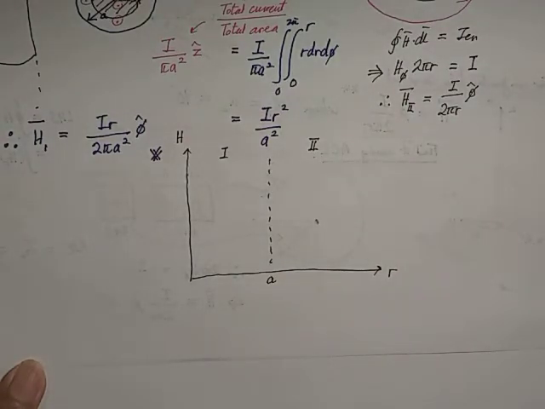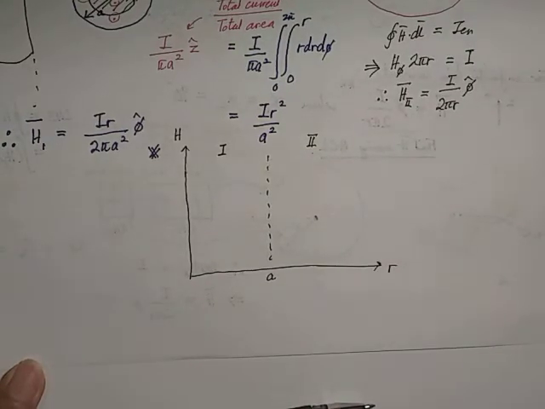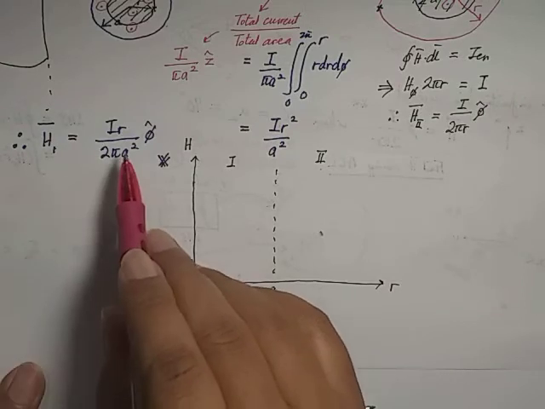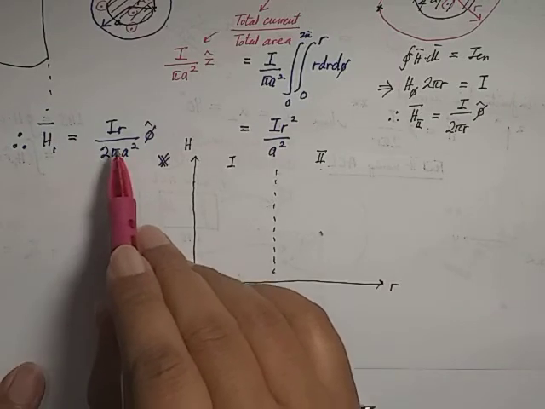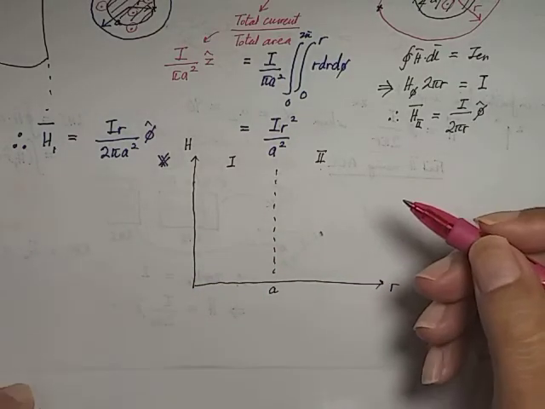That's good. Now for region number 1, what we can observe from our solution is that H here is proportional to R. Okay, as R increases, H is also going to increase. So therefore, it's going to be linear.